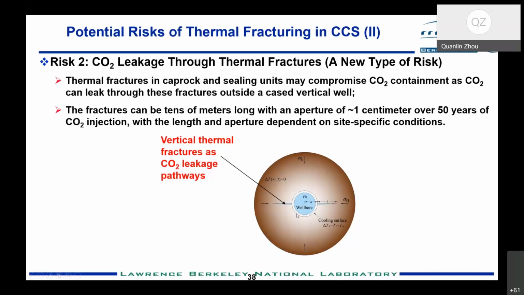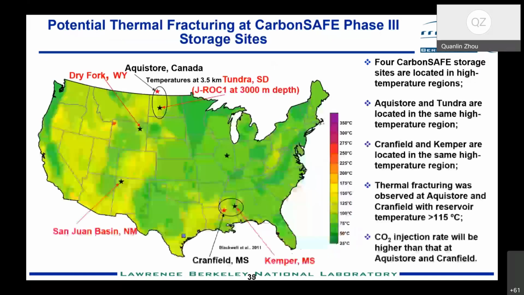That can sometimes be large, because thermal fractures can be tens of meters long with an aperture of 1 centimeter over 50 years of CO2 injection. Of course, the fracture length and aperture depend on site-specific conditions. But now here is the final map.